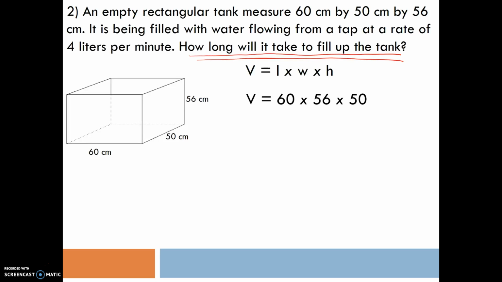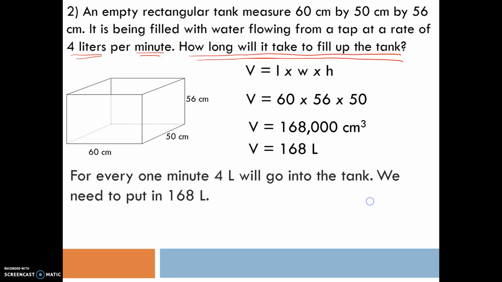So we'll plug in our numbers there, 60 times 56 times 50, and we're going to end up with 168,000 centimeters cubed. Since our rate up here is given in liters per minute, I need to change that 168,000 cubic centimeters to liters, so I'll divide that by 1,000, and there's my liter.